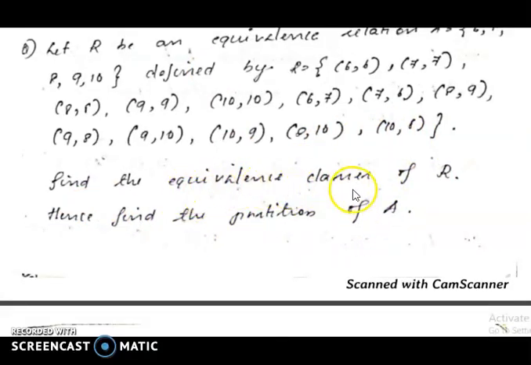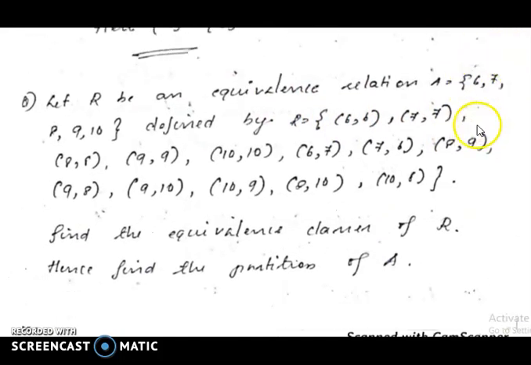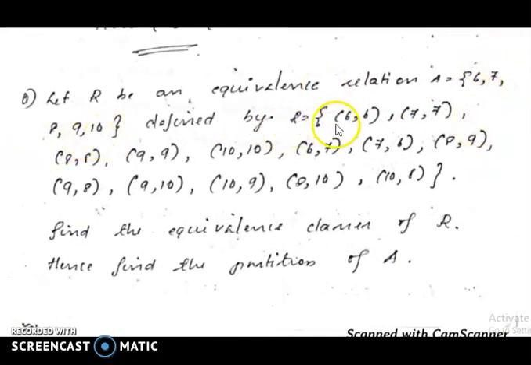Equivalence classes, just now we learned. We will start with 6, because the relation starts with 6, 7, 8, 9, 10. For the equivalence class of 6: 6 is related to 6, so you have 6, then 6 is related to 7, so you have 7.